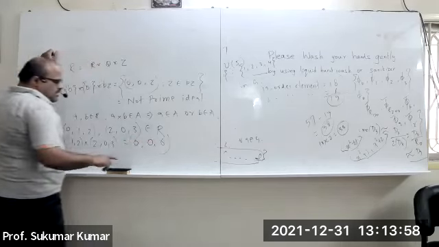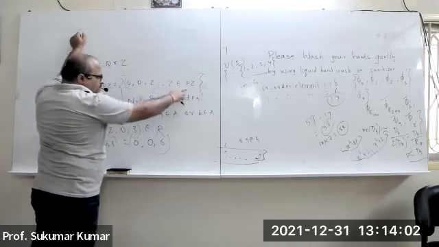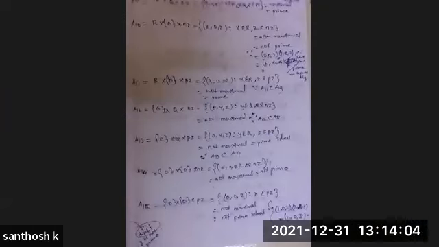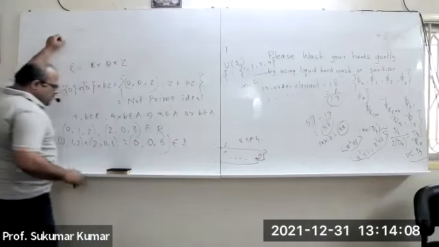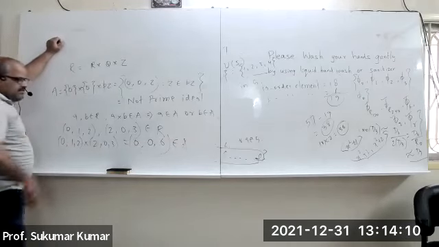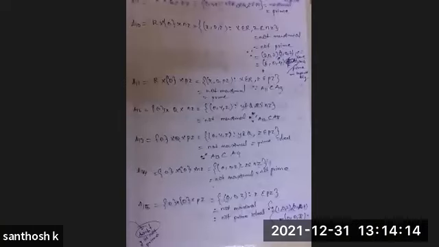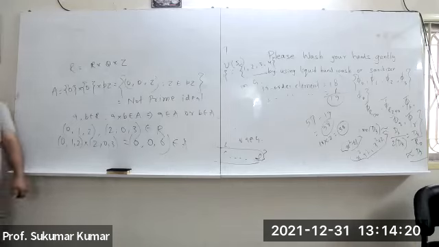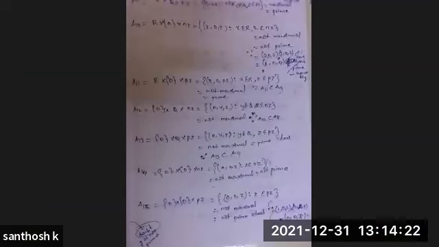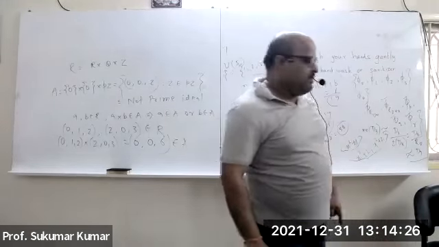So 0, 0, 6 is coming, and 0, 0, 6 belongs to the ideal, suppose this is A. So the product belongs to the ideal, but does any one of them belong to the ideal? No, sir. And this is a contradiction, so this is not a prime ideal. If there is no contradiction, then that is a prime ideal.